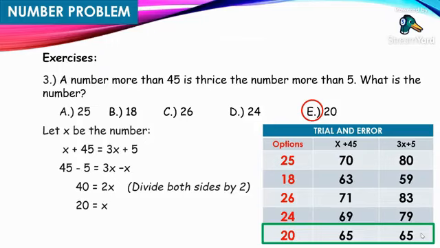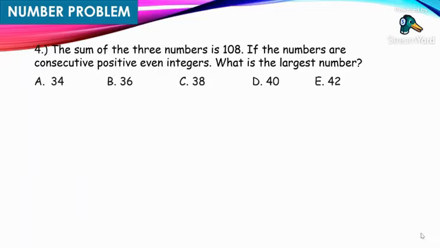Let's have problem number 4. Okay, the sum of the three numbers is 108. If the numbers are consecutive, positive, even integers, what is the largest number? Okay, so comment down your answers and then i-reveal natin maya-maya and then we're going to discuss the answer.